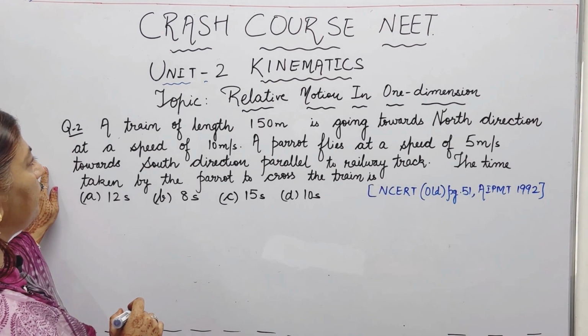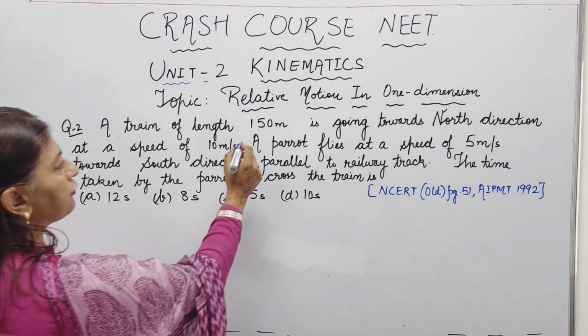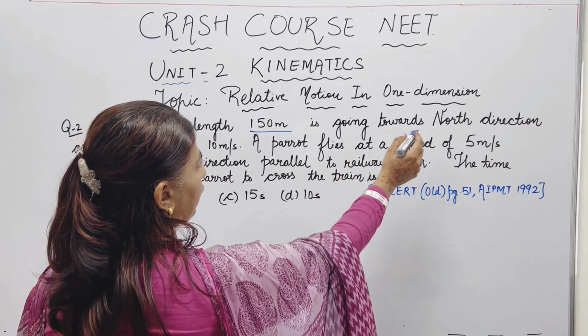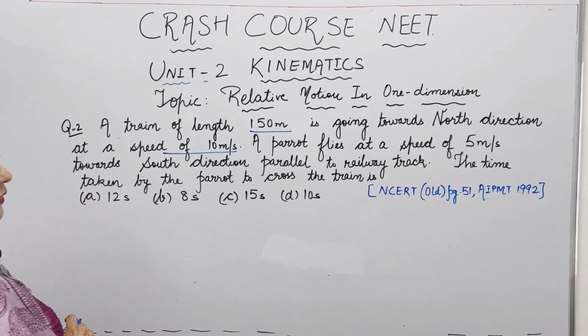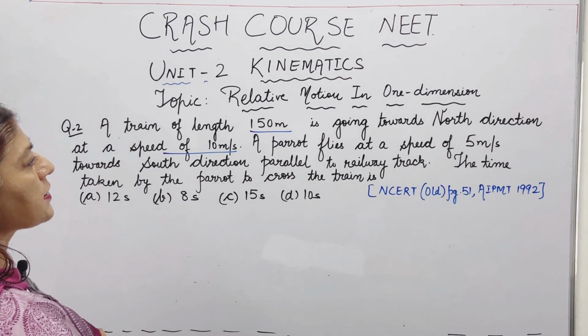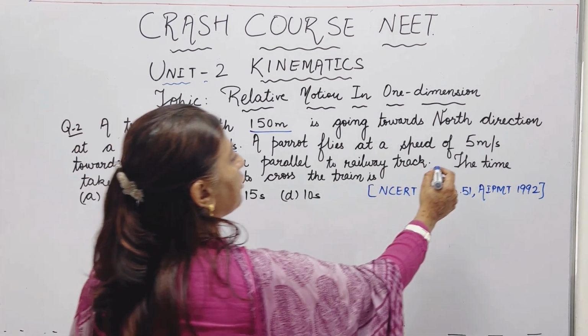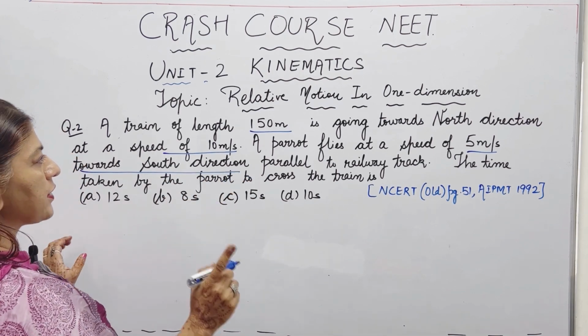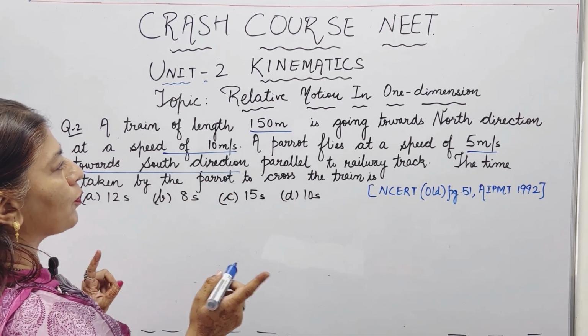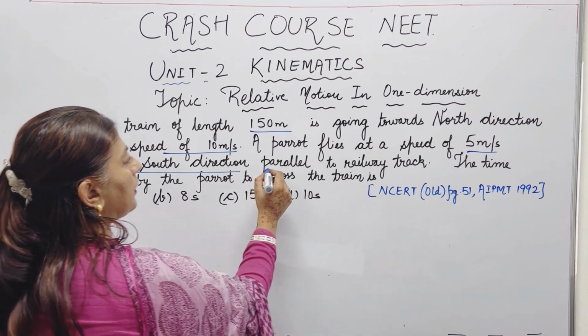This is the second question. A train of length 150 meter is going towards the north direction with a speed of 10 meter per second. A parrot flies at a speed of 5 meter per second towards the south direction. So you can see the train and parrot are in opposite directions, parallel to the railway track.